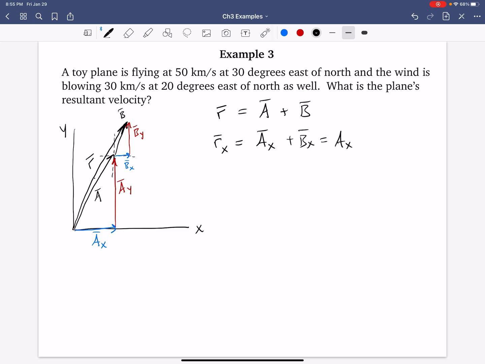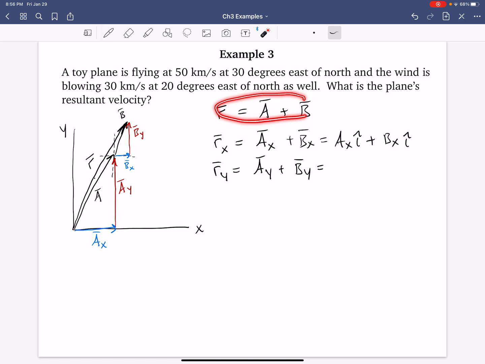So AX plus I hat. BX negative? Nope, also positive. Okay. Similarly for the Y direction, AY and BY, right? Again, we're keeping the same structure of our general vector statement, right? Just in X and just in Y.